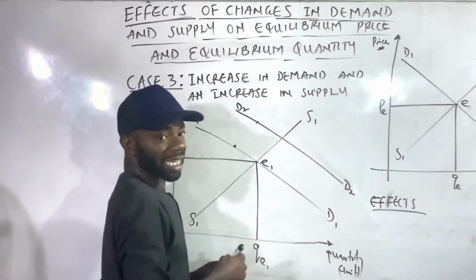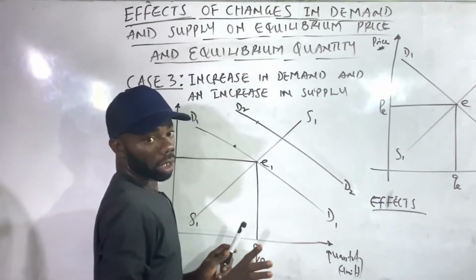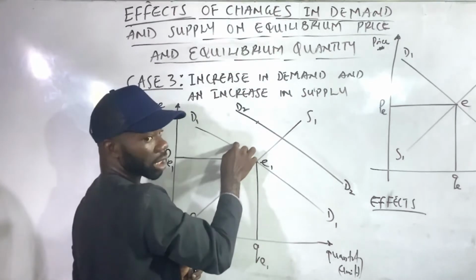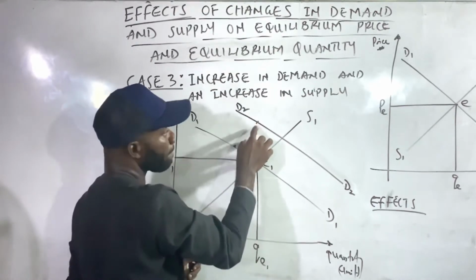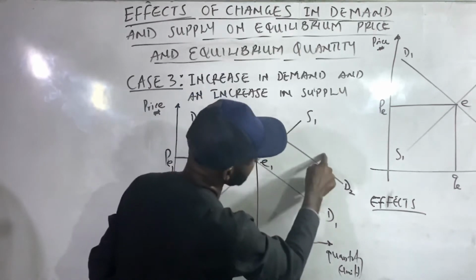Because if you don't get that right, your interpretation will be totally wrong. It's something to note. The gap between the first and the second demand curve must be the same as the gap between the first and the second supply curve.